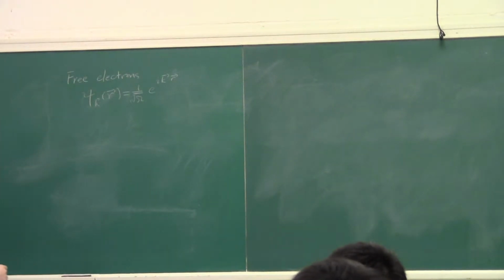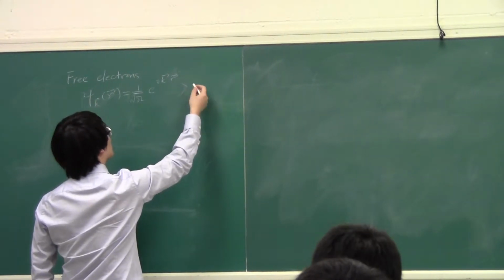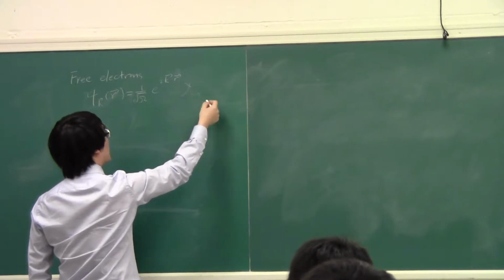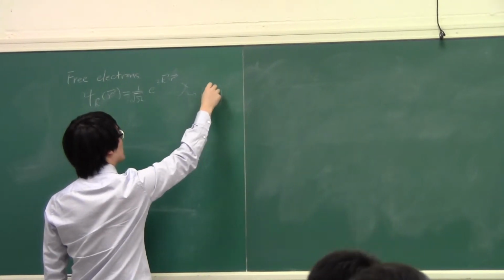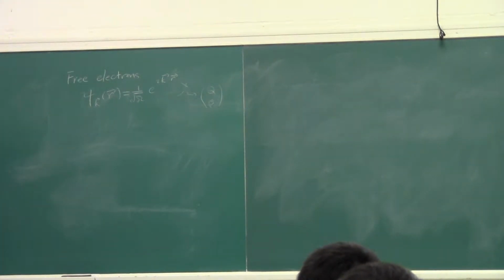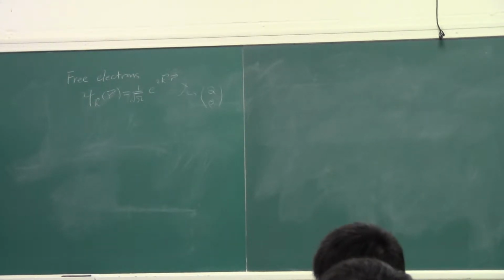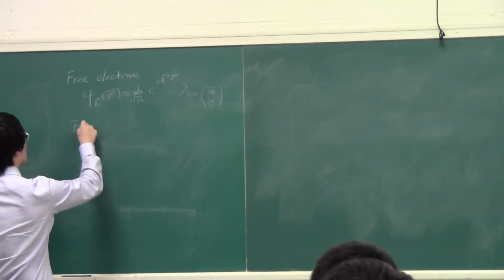But of course, the electron also has spin, so we know that this plane wave must also have a spinor attached to it, and the spinor is typically denoted by chi, and we know that chi in the two-component representation of spin is like maybe alpha and beta. Okay, so that's the free electron in the simplest picture of a metal. And we know that there's this thing called the Fermi-Dirac statistics.